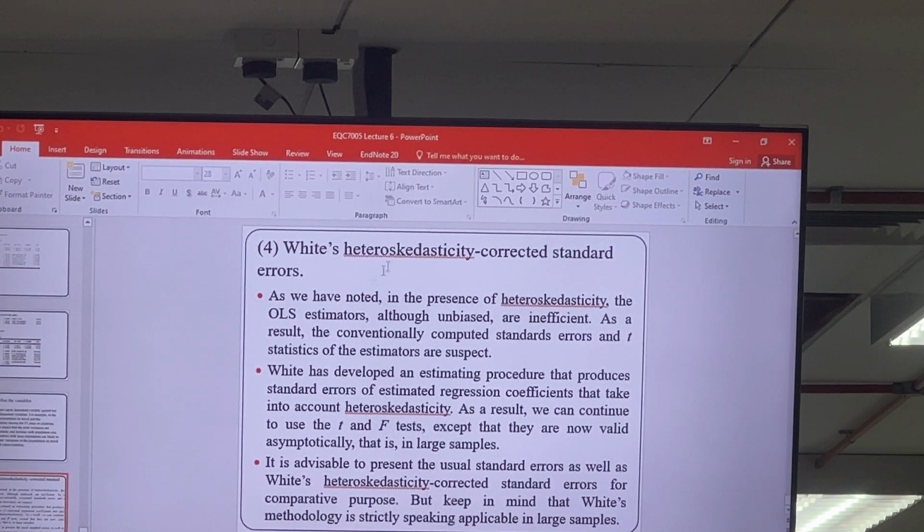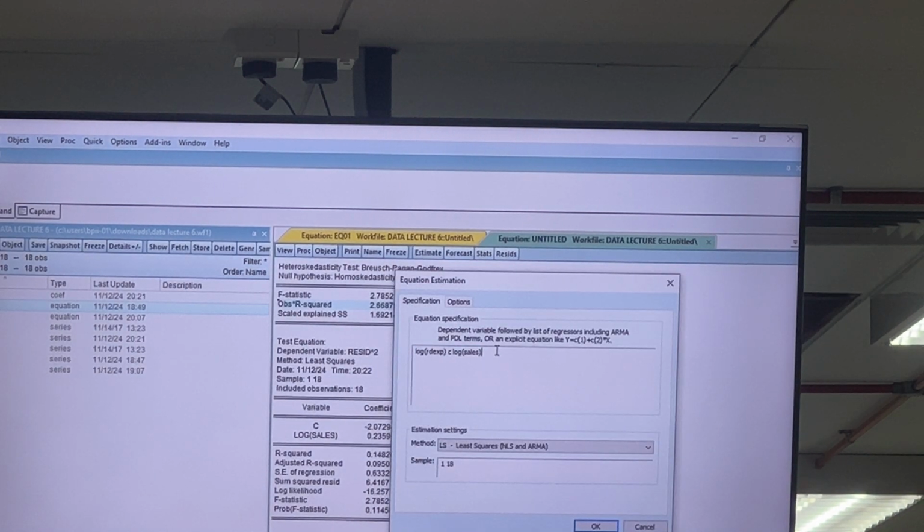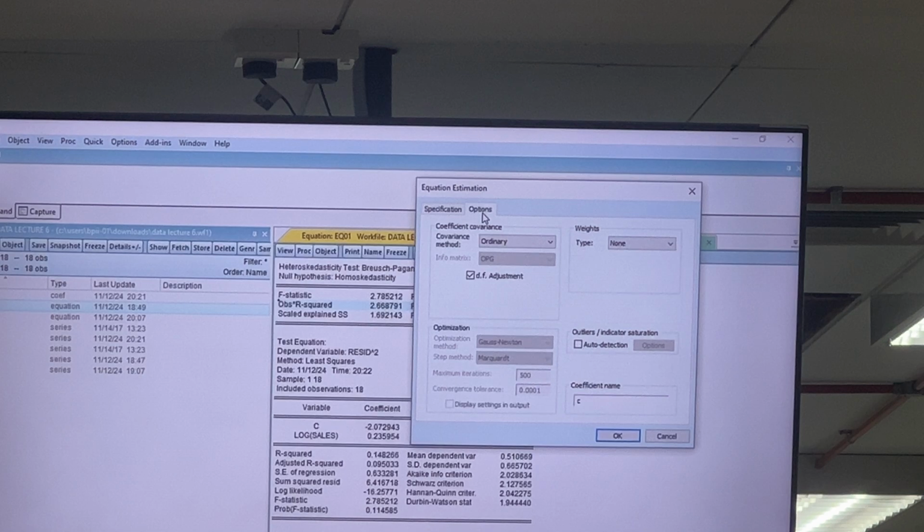So how to use this approach? When you estimate the model, for example, this one we estimate the original model, RD, C, sales. You go to options.